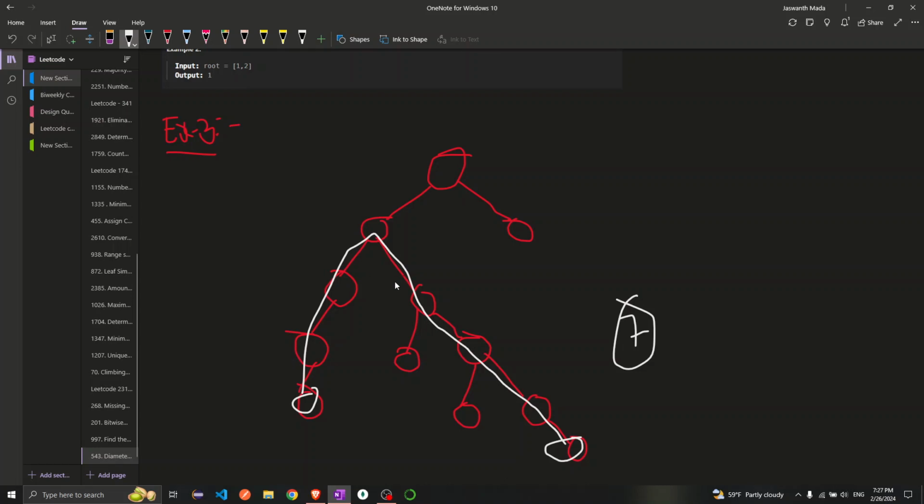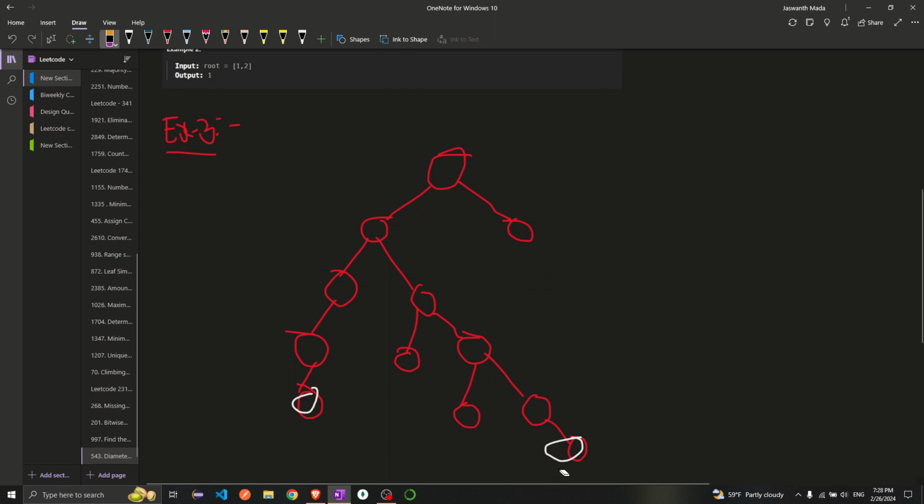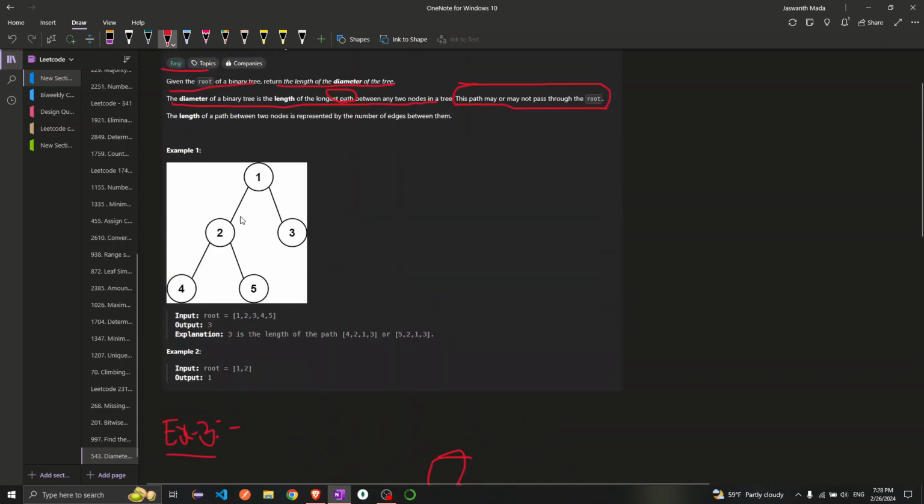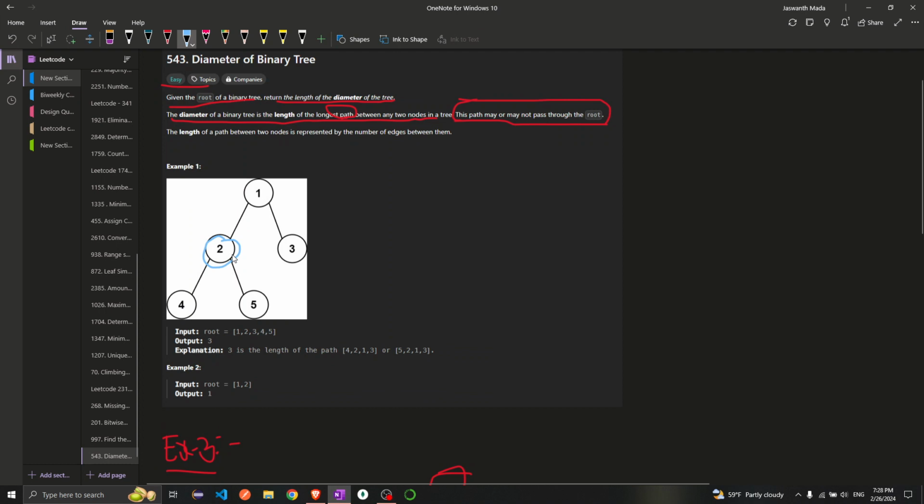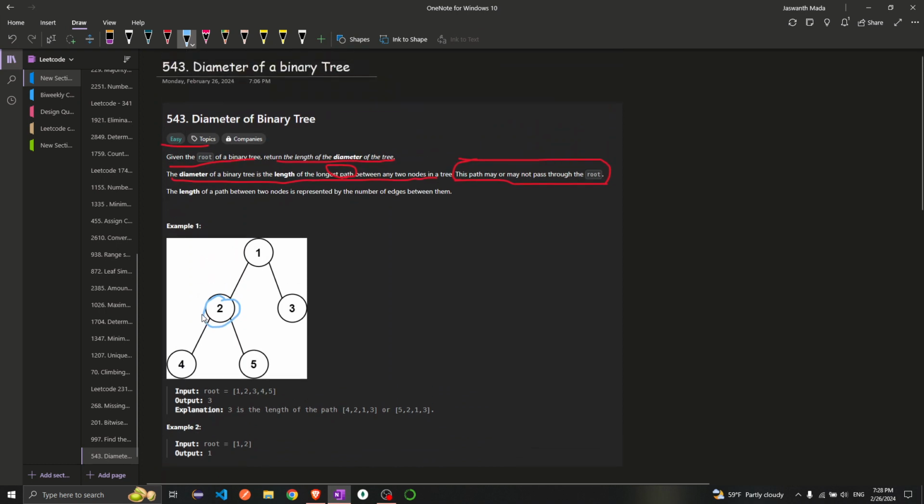So how are we going to solve this question? You observe carefully here. Again, let's look at this example. If you observe carefully, at any point, suppose I'm at this node, the longest diameter that I can achieve from this node is the height of the left subtree plus the height of the right subtree.